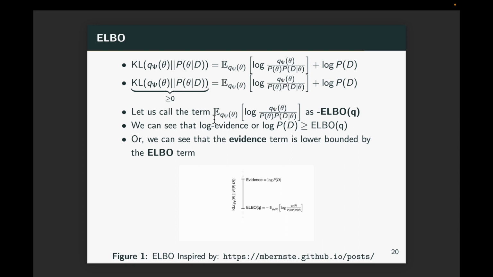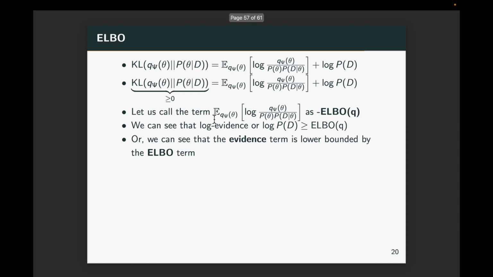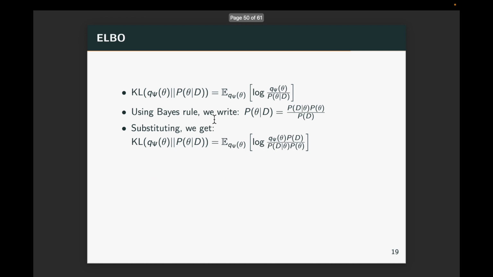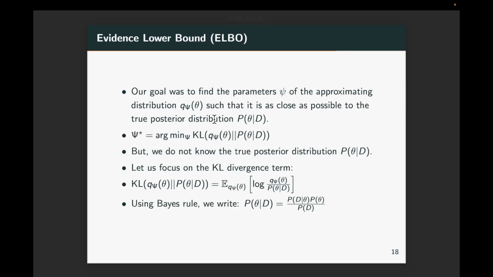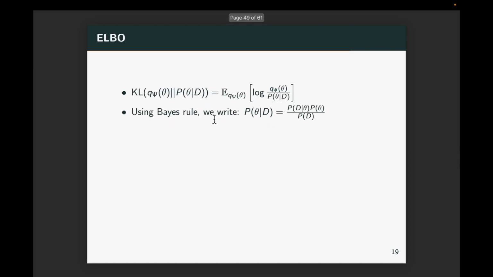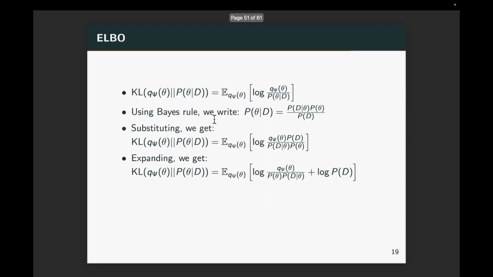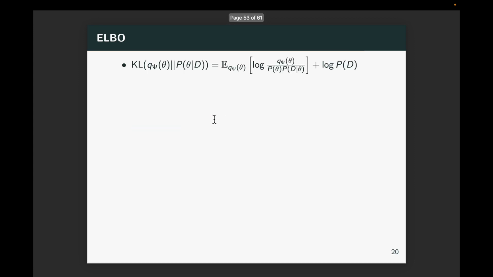Our original objective was to minimize KL divergence, which means we can rewrite that in terms of the ELBO. Minimizing KL means maximizing the ELBO, or, sorry, minimizing the negative ELBO.